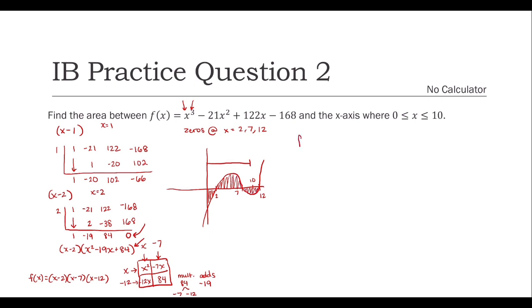So we'll have our integral from 0 to 2 of f of x, which is x cubed minus 21x squared plus 122x minus 168 dx.